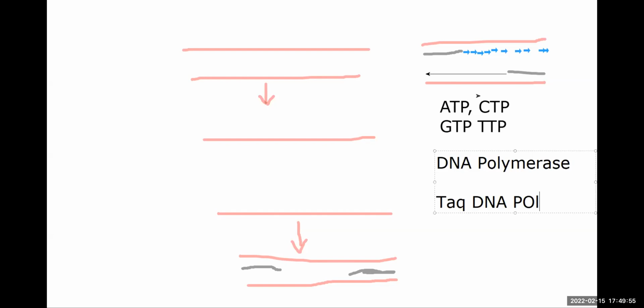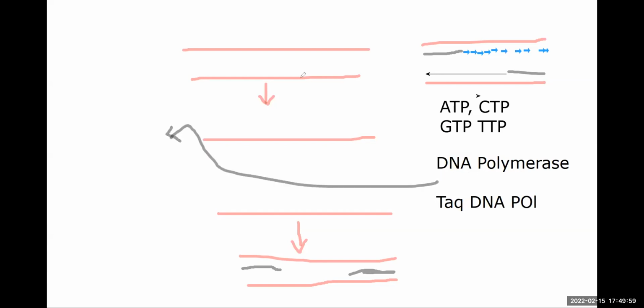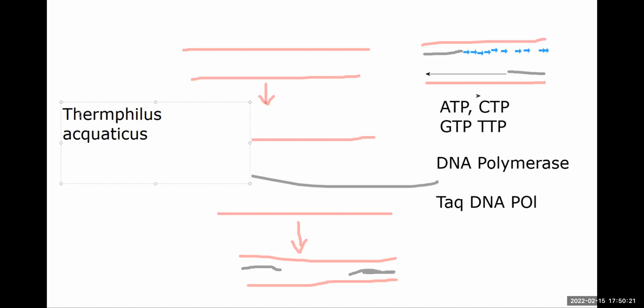Special because this DNA polymerase is derived from a bacterium called Thermus aquaticus. This bacterium lives in a thermophilic environment.